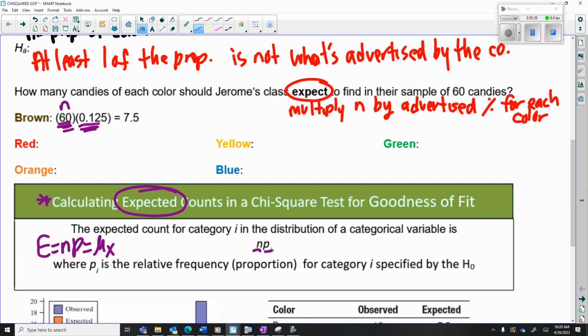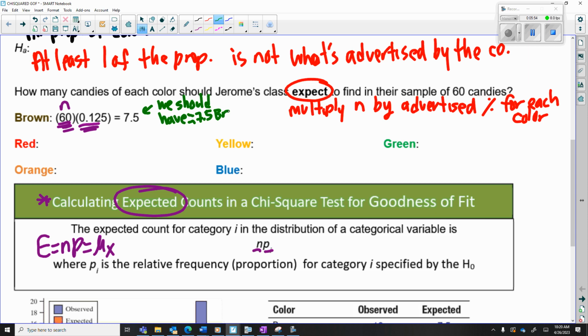So here we take the 60 total and multiply by the advertised percent for brown, 0.125 times 60, which is 7.5. So we should have about 7.5 browns in our bag.